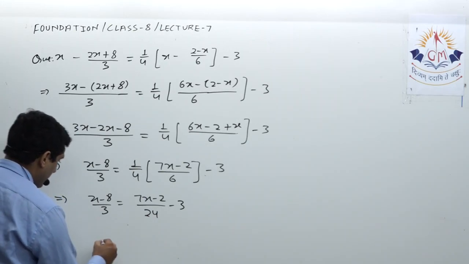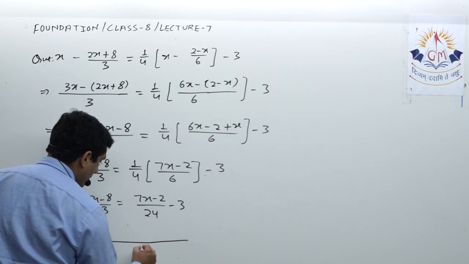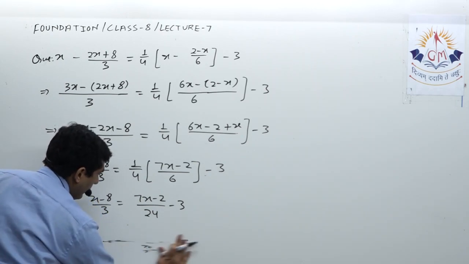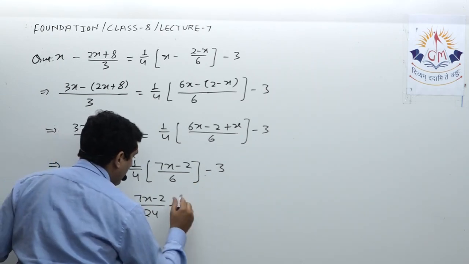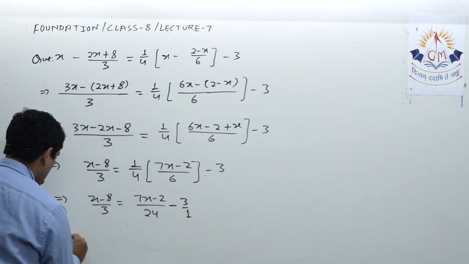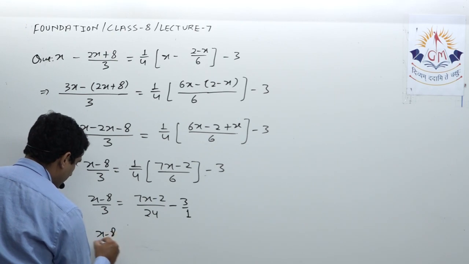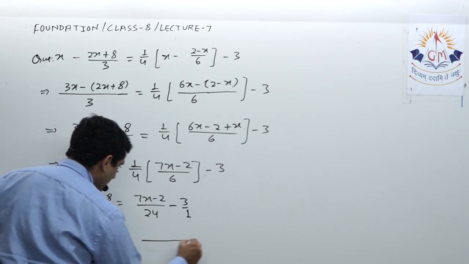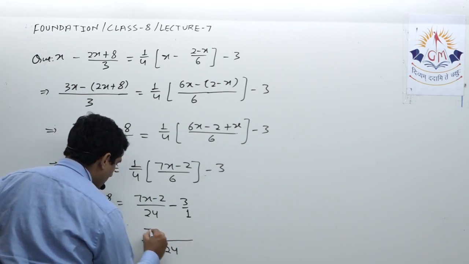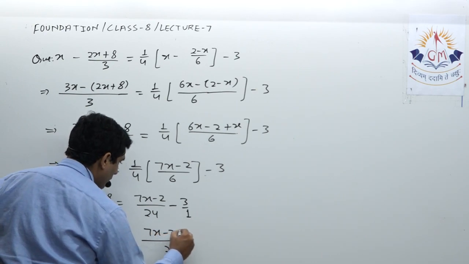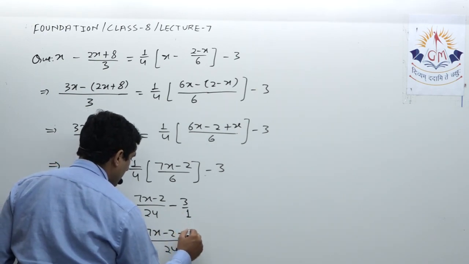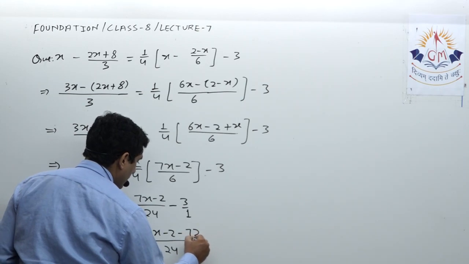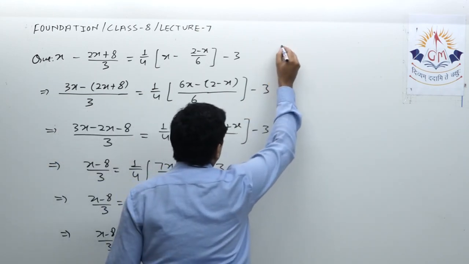So now here I will take LCM of 24 and 1 actually. This will become x minus 8 upon 3 as it is, and over here LCM will be 24. So 7x minus 2 minus 24 into 3, that is 72.